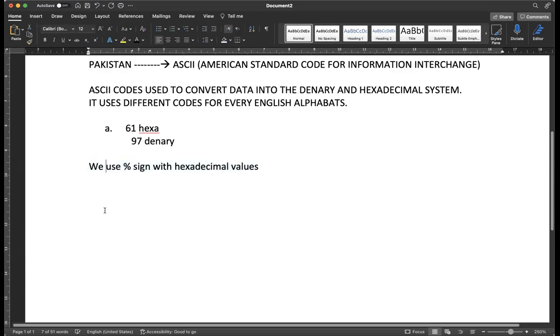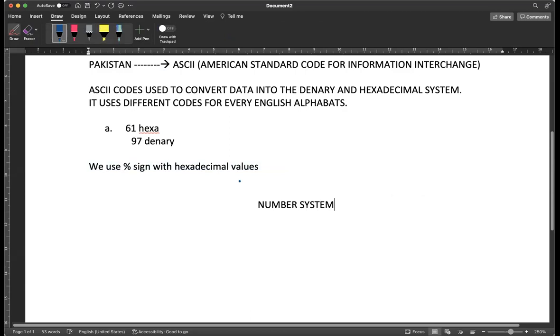Okay. Number system. That is called number system. In computers, for data representation, we have 4 types of number systems.